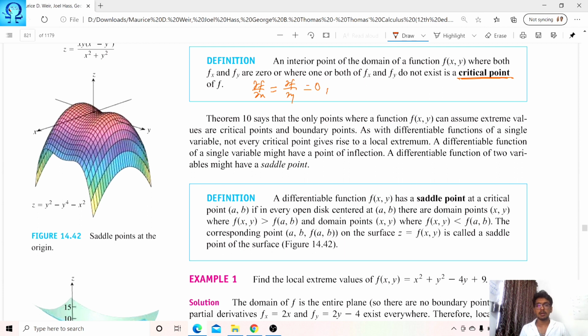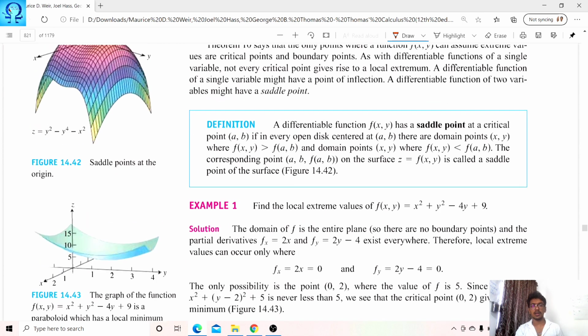Or sometimes the derivatives del f upon del x and del f upon del y do not exist even. Either this must happen or this must happen. So when these happen at some points, those points we call critical points.